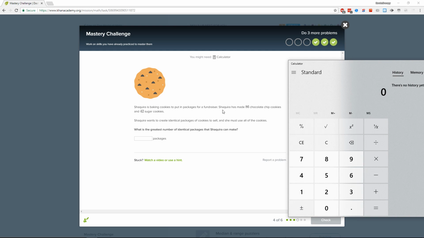This person's baking cookies. 86 and 42. 86 plus 42. Each package is cookies to sell, so we must use all the cookies. I guess each package should contain.